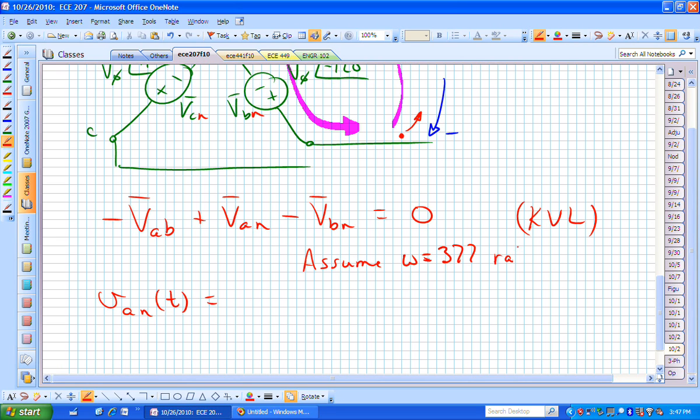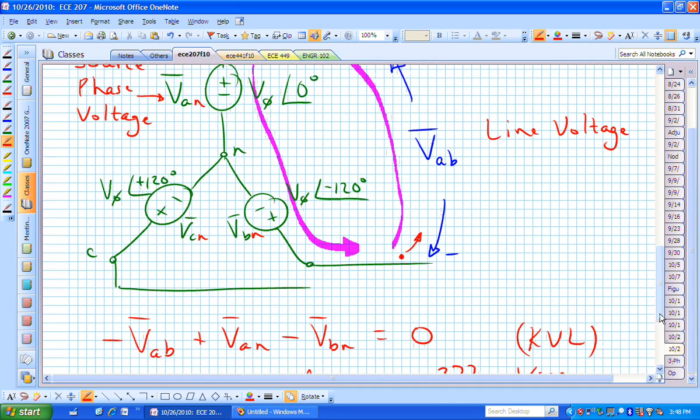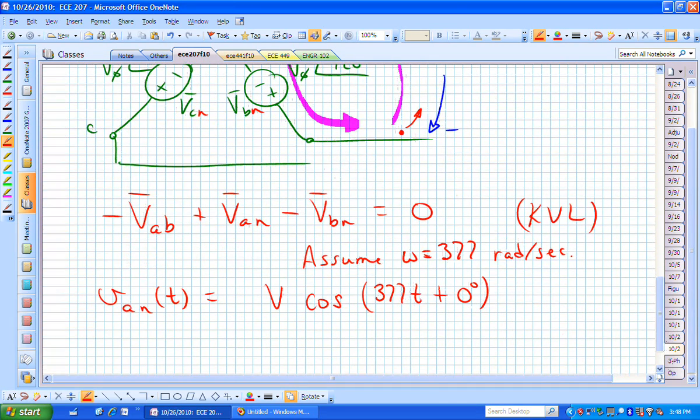So that's now radians per second, and that's going to go in here. This is the A phase, and I assumed it was at 0 degrees phase. And we're calling our phasors cosines. And if I look back, V sub phi is squeezed in there somewhere.